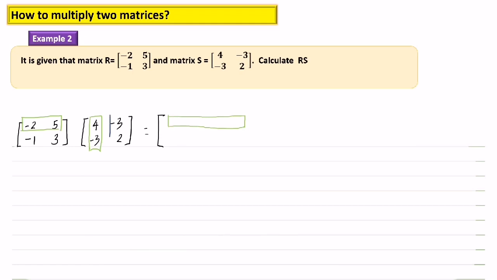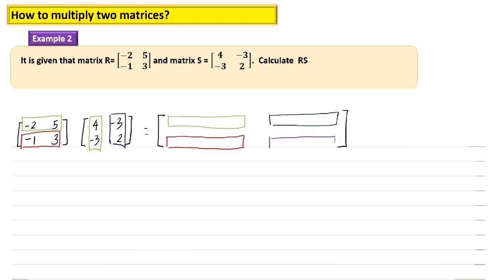First row times the second column goes here, and likewise the second row times the first column. For the second row times the first column, you write the element here. Okay, so how to do it? Let us start.